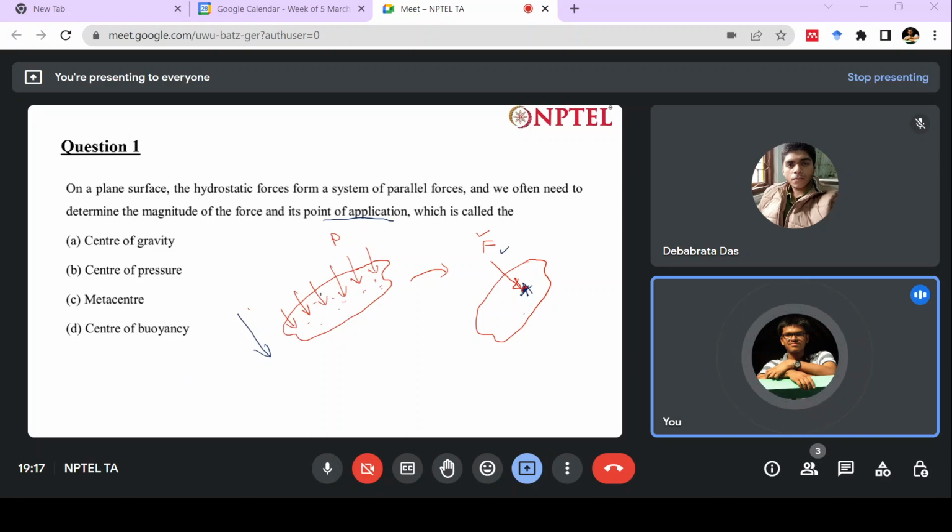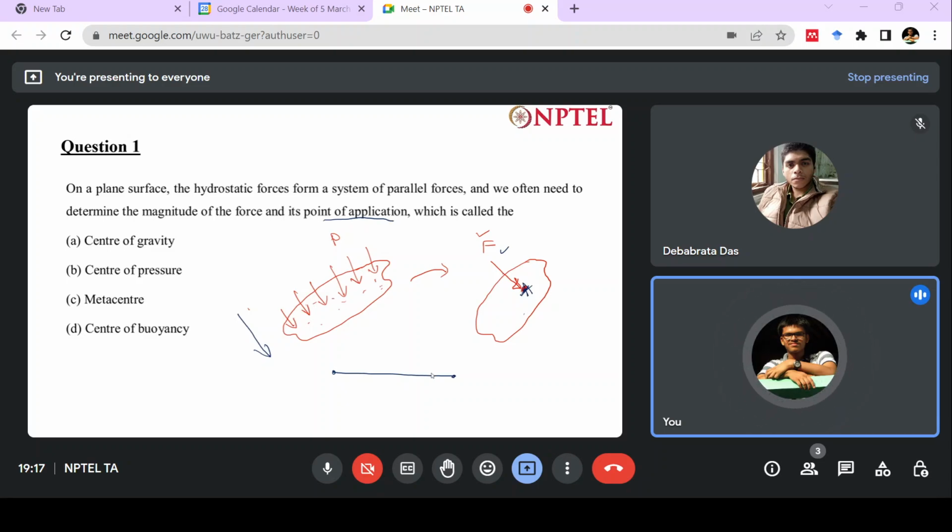So let's say, if it is not an extended surface, we have a line. This might be a two-dimensional simplification of this. When I say a line, it actually might be a plane.